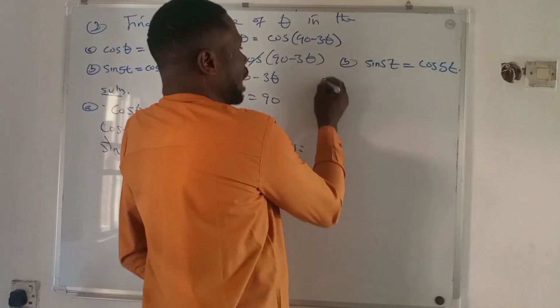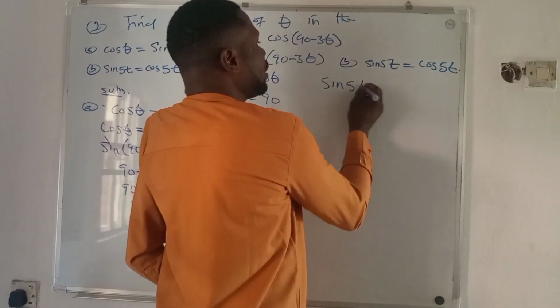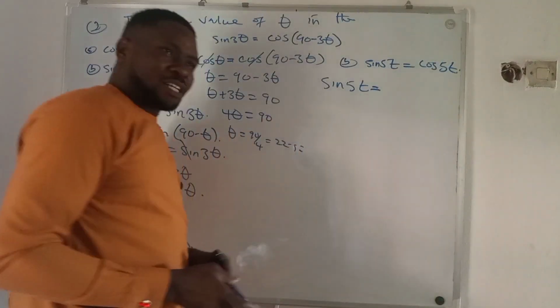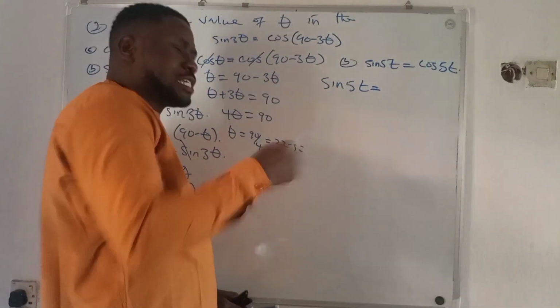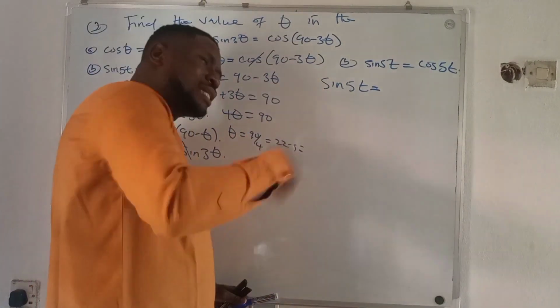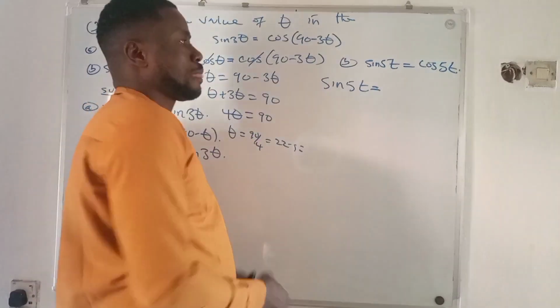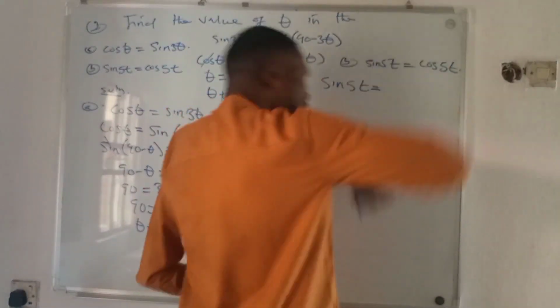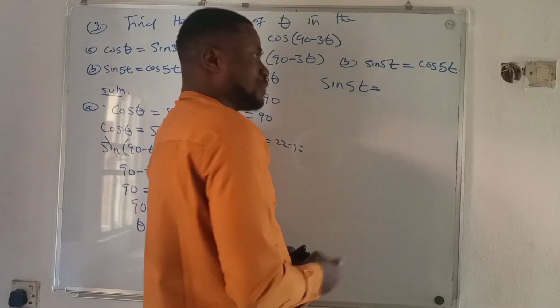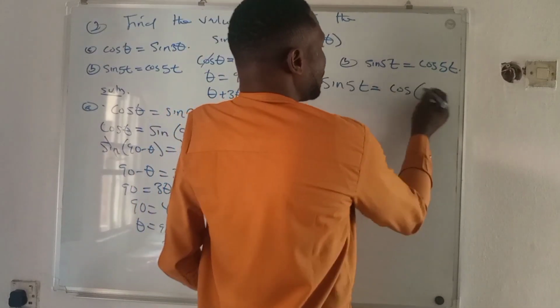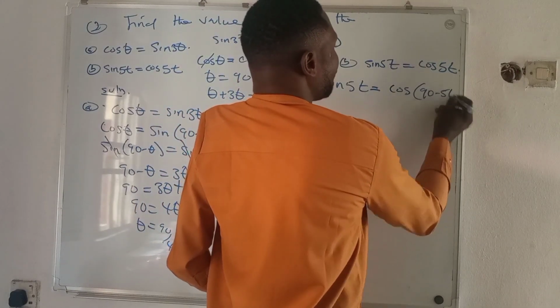If I want to do so, I will not say sine 5t will be equal to. Now ask yourself, the angle in this case is 5t. What is its complement? Its complement is 90 minus 5t. So I will have the cosine of that, cos 90 minus 5t.